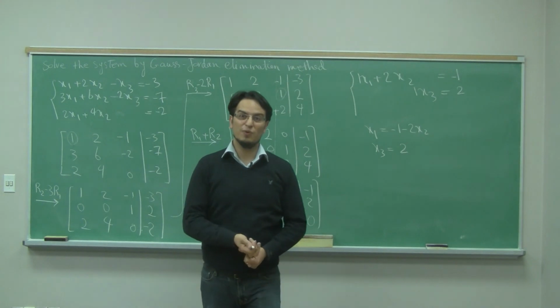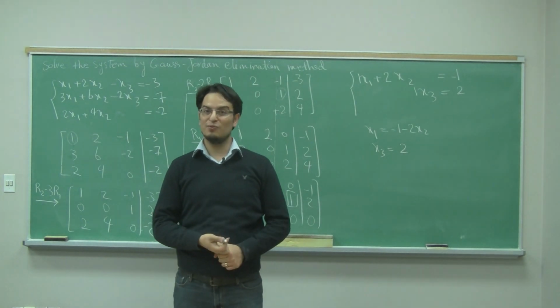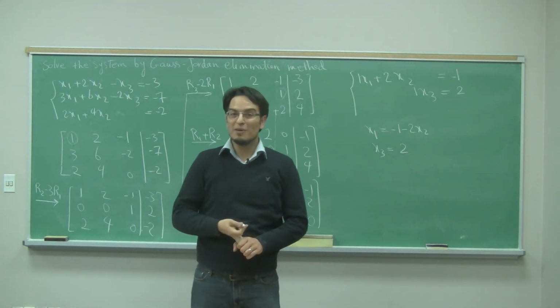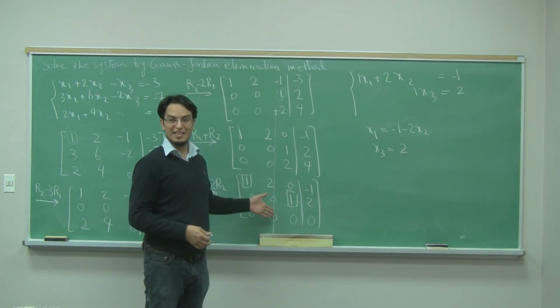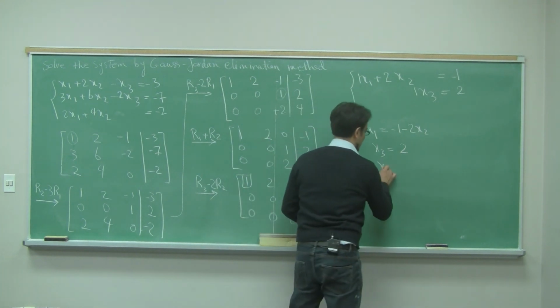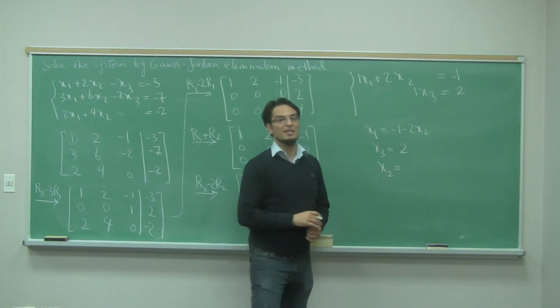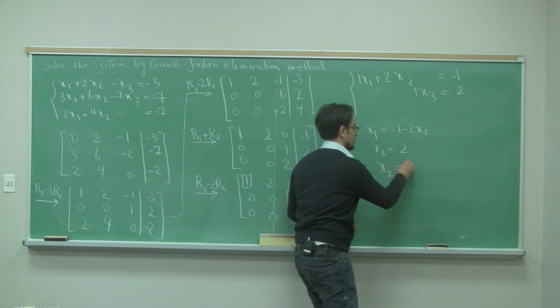Well, I have a value for x1. I have a value for x3. What about x2? Note that x2, or column 2, doesn't have any leading 1. That means that x2 is going to be a free variable, or a parameter t.